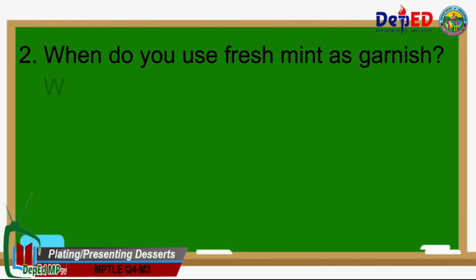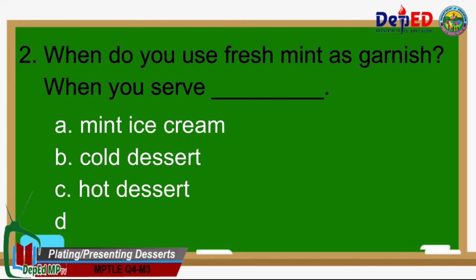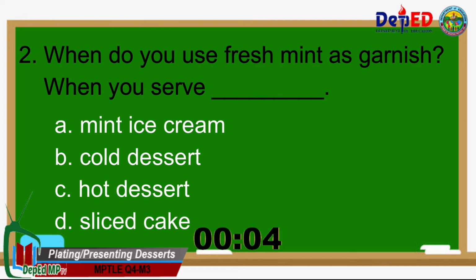When do you use fresh mint garnish? When you serve A. Mint ice cream, B. Cold dessert, C. Hot dessert, and D. Sliced cake. The correct answer is letter A.